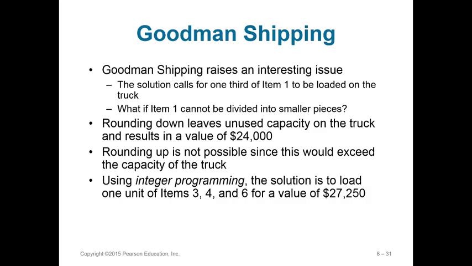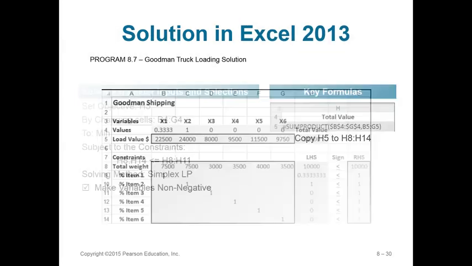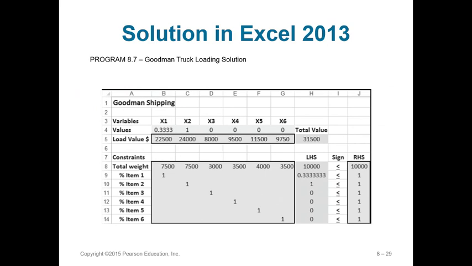So if you have units that can't be divided into smaller pieces, then you would reduce the value of that load, go back, and the amount of money that you would make would be $24,000 instead of 1/3 of $22,500, which is $7,500.